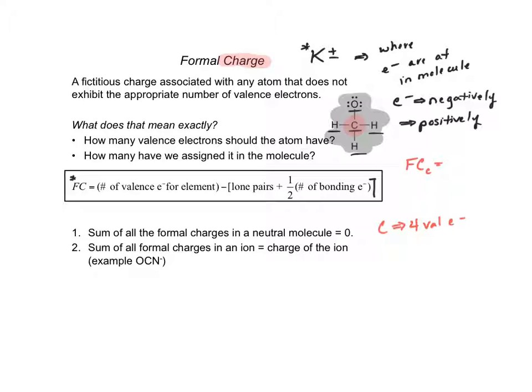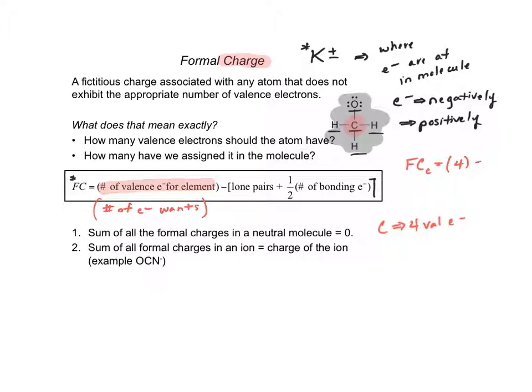Carbon, as a neutral atom, has 4 valence electrons, and that's essentially what we're saying. This is how many electrons that carbon wants. So that's the number of electrons that the atom wants. That's the first part, how many valence electrons there are.